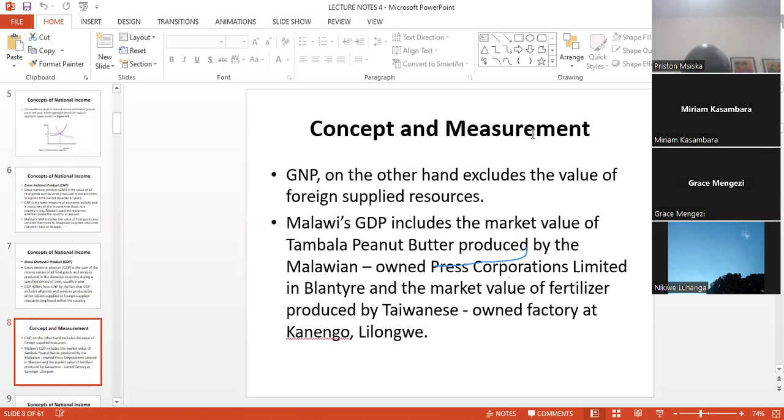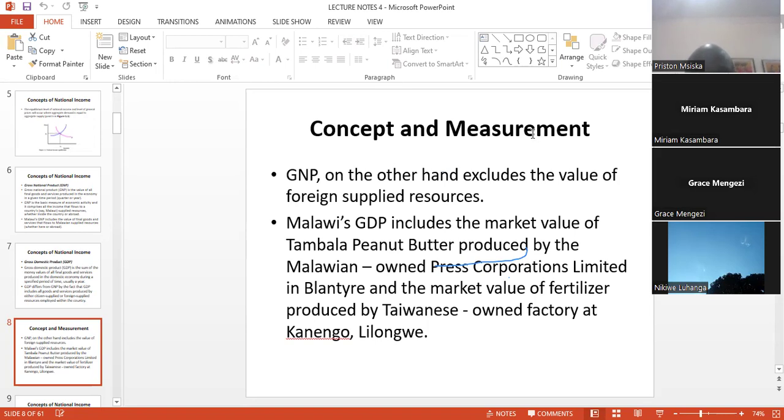And we use GDP also to compare between countries. What is the GDP of Zambia? What is the GDP of Tanzania? How has the GDP of Rwanda been growing, of Kenya? And for us to do that, we also need conversion rates. So for example, we have to make sure that we are comparing the same things.